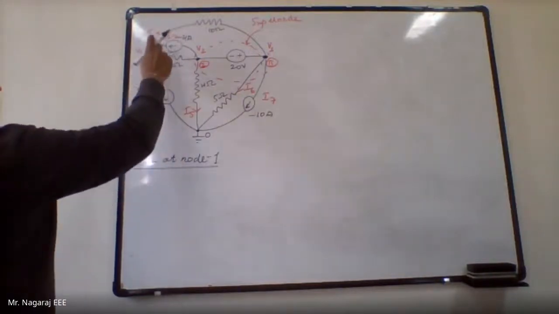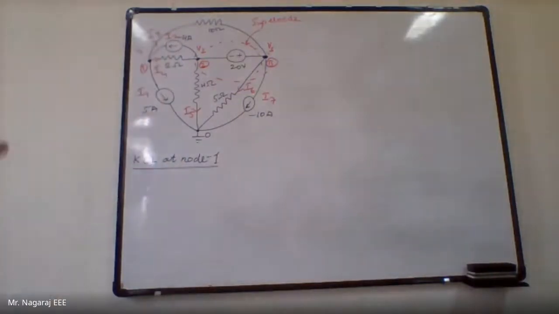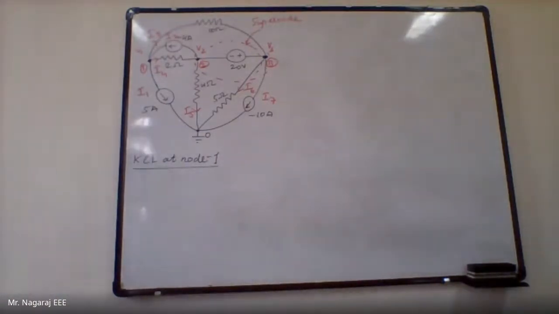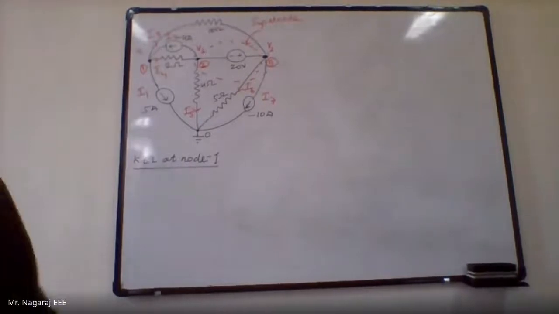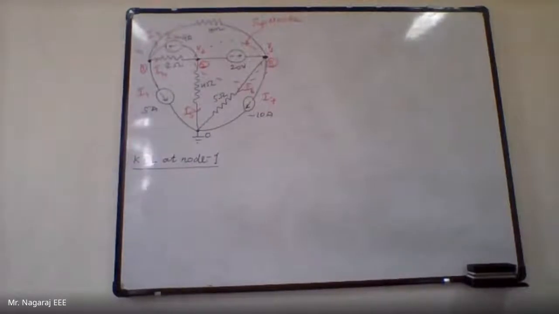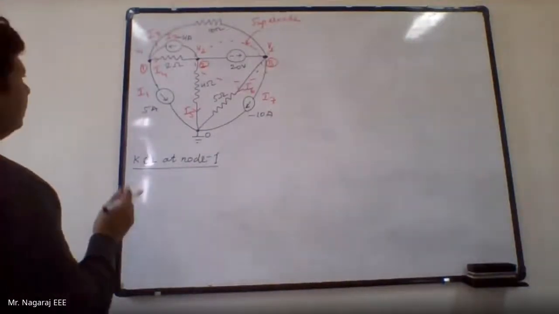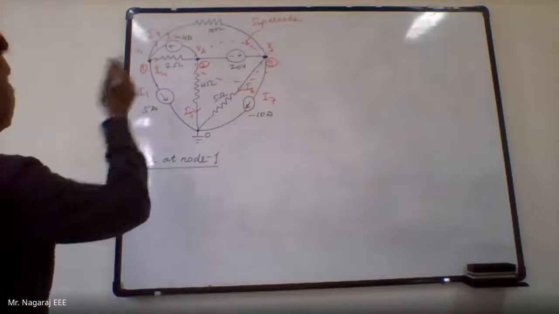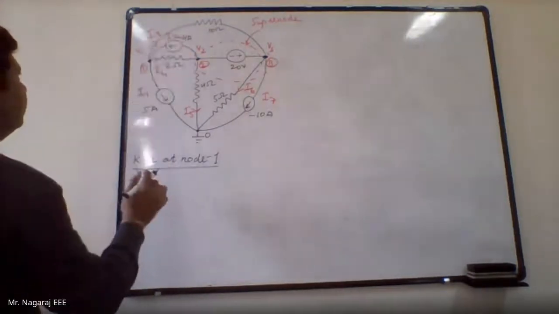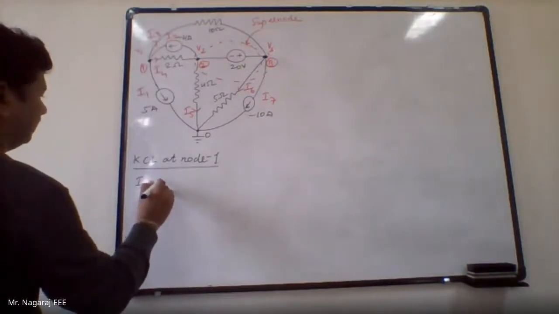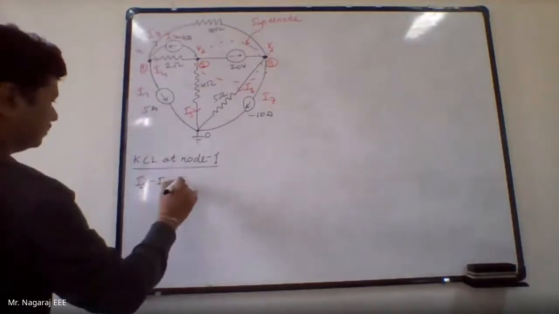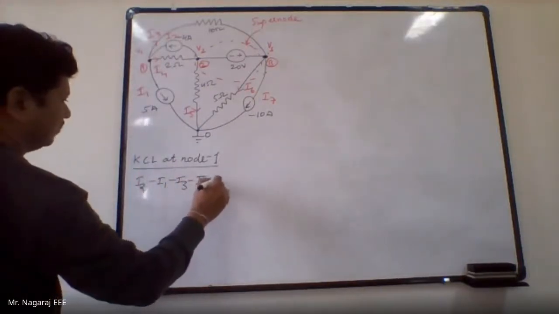So there are 1, 2, 3, 4 branches connected, so there will be 4 terms in that equation. Incoming currents are positive, outgoing currents are negative. So it is I2 is entering, minus I1, it is going out, minus I3, it is also going out, minus I4, it is also going out, is equal to 0.